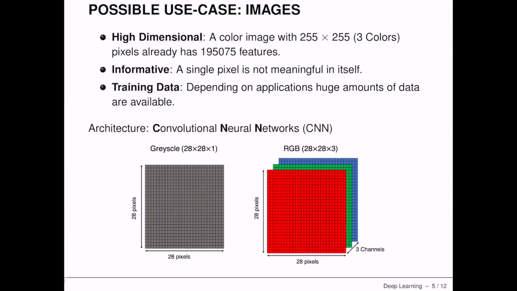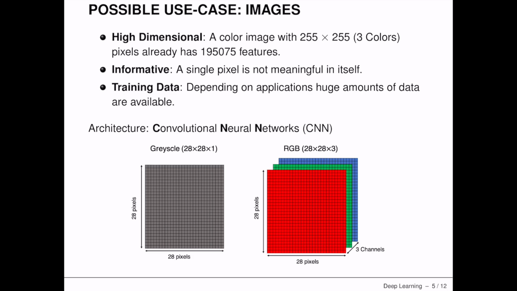But the properties that we need are matched in a lot of cases. One of these cases is with image data, because if we have images, these are certainly high-dimensional. You can see that if you, for example, consider an image of size 255 times 255 pixels, with 3 color channels, since color images are encoded with 3 color values, we have already about 200,000 input features.